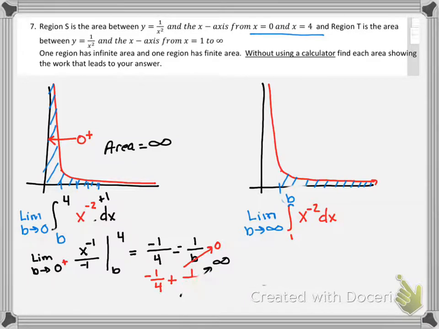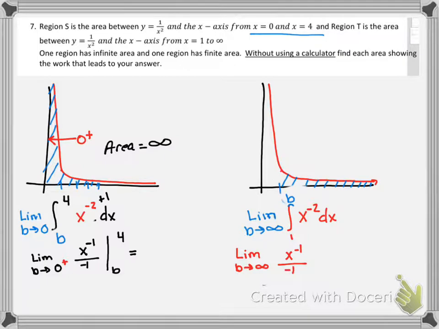So let's erase some stuff and make some room. Everything's going to be the same as we had before. We will now have the limit as b approaches infinity of x to the negative 1 over negative 1 from 1 in this case to b.